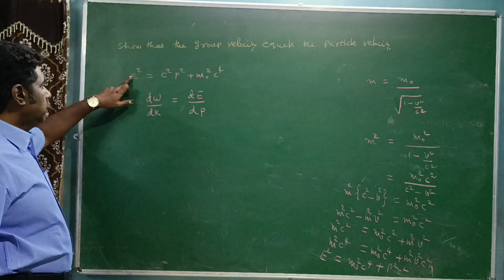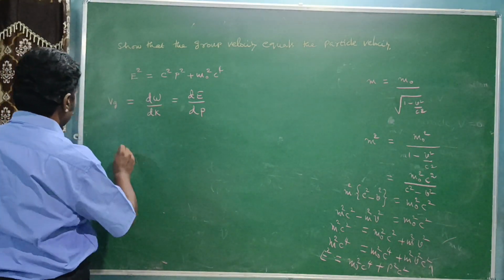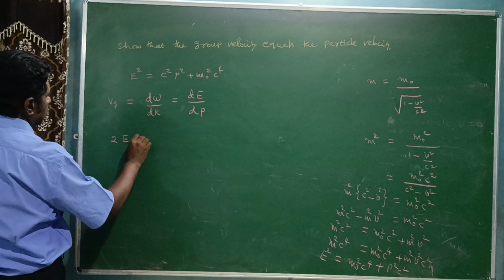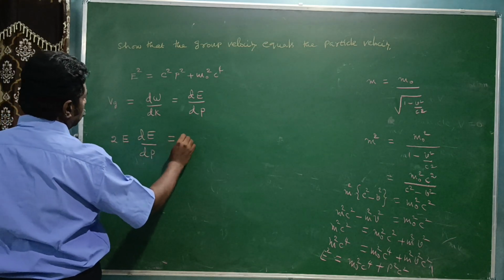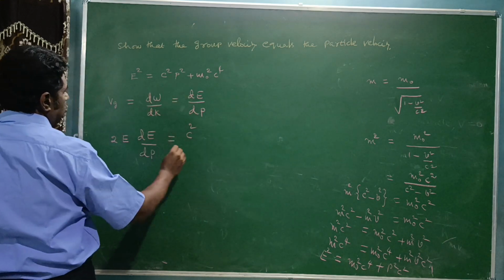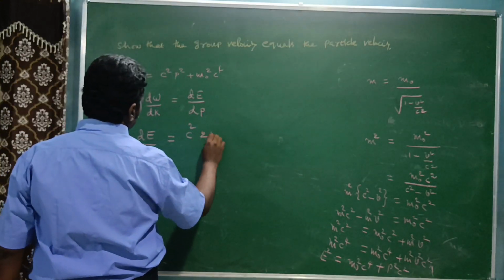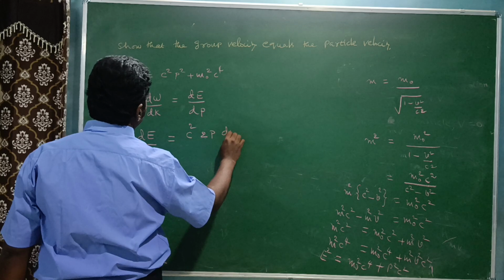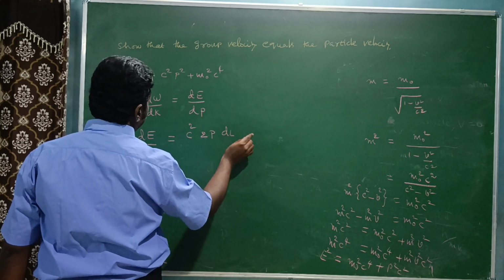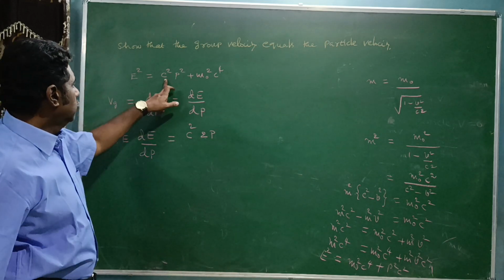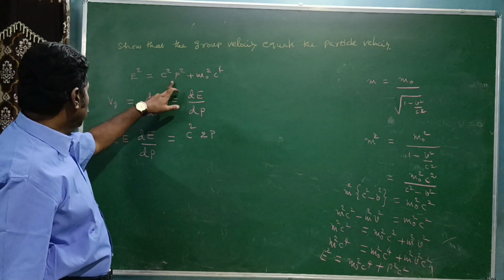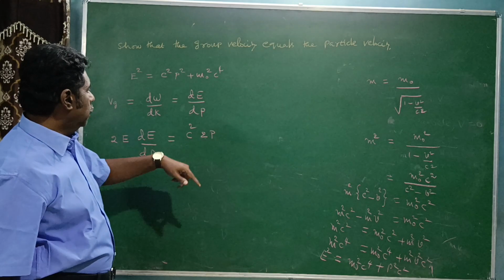Now differentiate this equation with respect to p. 2E into dE by dp, which is equal to c square is a constant, then 2p into dp by dp, that is 1.